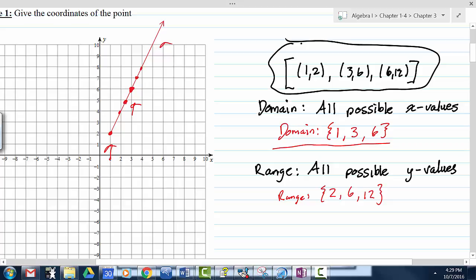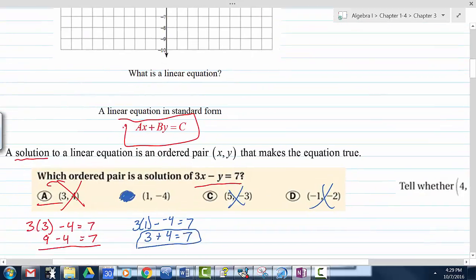So in this case, when you're talking about your domain, if you have a continuous line like that, then now your domain is, remember all your x values, right? But your x values greater than, what's that? The lowest x value we have is 1. So your domain is all numbers x greater than 1. Now you can account for it with a lot more numbers. You get what I'm saying?